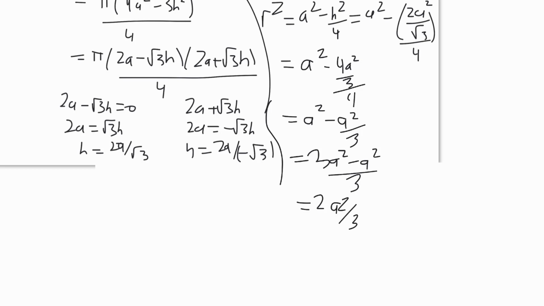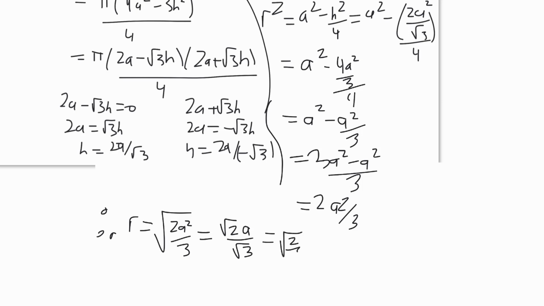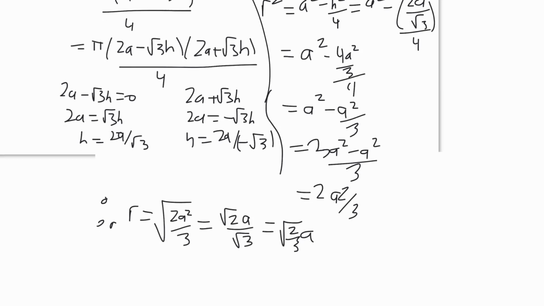So therefore, r would be equal to the square root of 2a squared over 3, which is, well, square root 2a over square root 3. Or if you were to write it another way, root 2 over 3a. So we have our final values, and we could say the following.